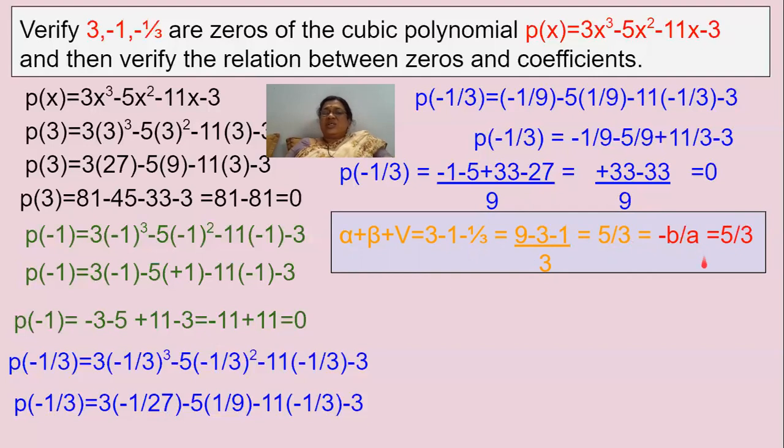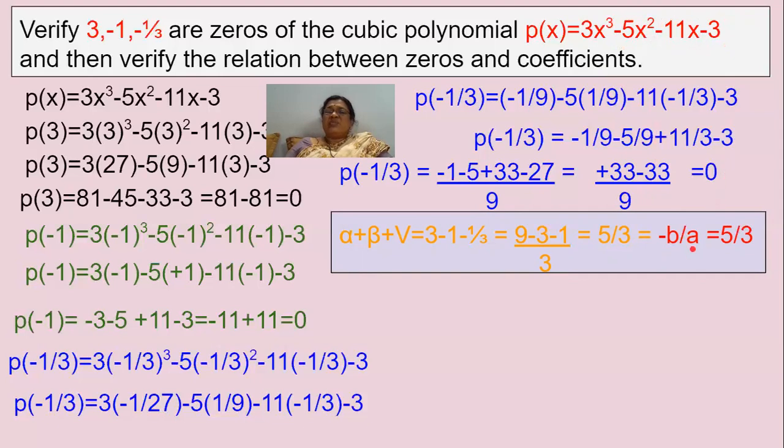So the relation, the sum of the roots will be minus b by a, isn't it? Minus b by a. See here, a is 3, b is minus 5, c is minus 11, d is minus 3. Once again I repeat, a is 3, b is minus 5, c is minus 11, and d is minus 3.